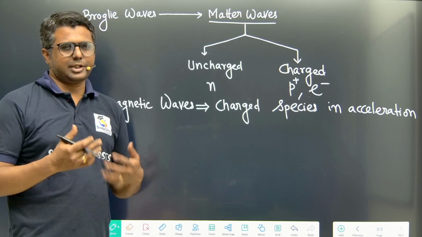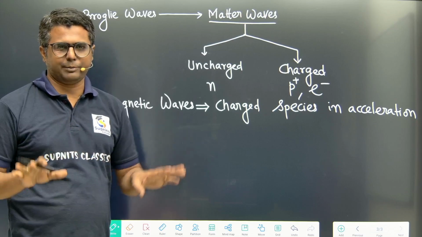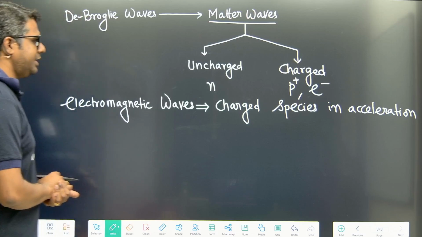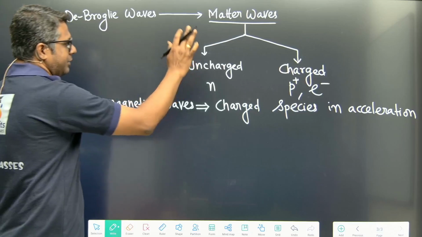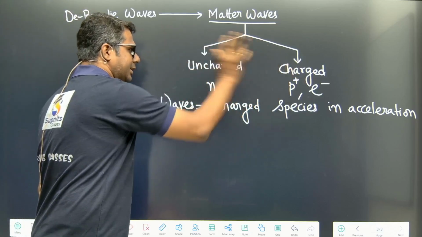If it is uncharged, how will the field work? Basic fundamental, okay. So that is why it is associated with charged species. However, de Broglie waves can be associated with uncharged and charged species.